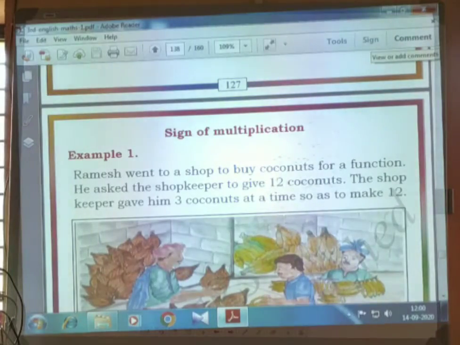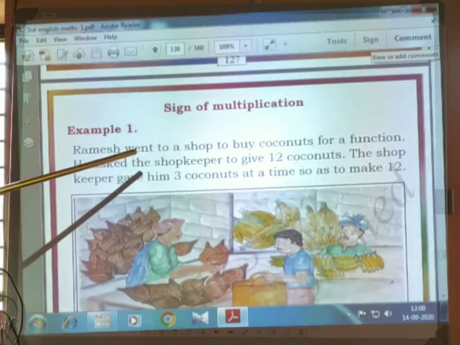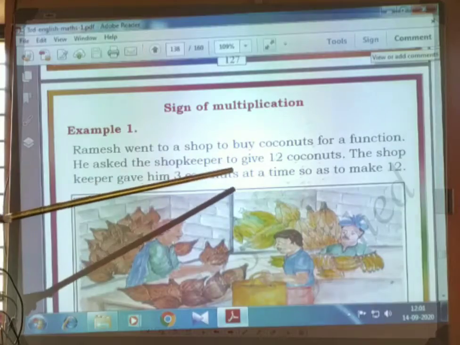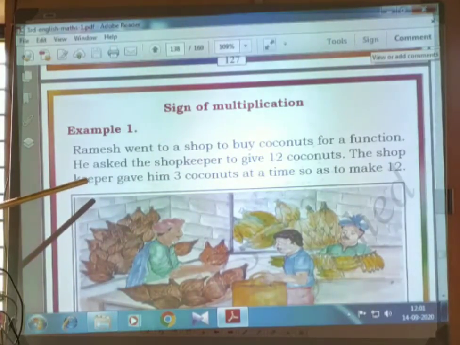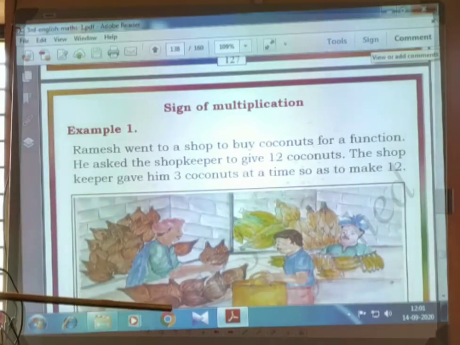Now the sign of multiplication. What is the sign for multiplication? One example, Ramesh went to a shop to buy coconuts for a function. He asked the shopkeeper to give 12 coconuts. The shopkeeper gave him 3 coconuts at a time so as to make 12.